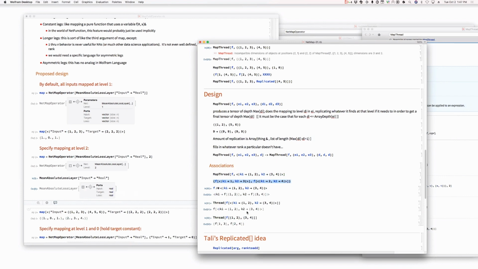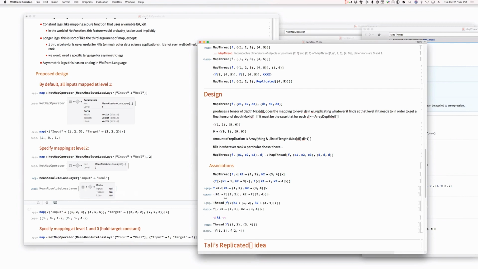So that final thread with the 1, 2, 3, 4, F of 1, 2, 3, 4 works. But actually, this is the wrong case to look at. The correct thing for this to do, if you thread this, would be to give K1 arrow... what is the right thing?